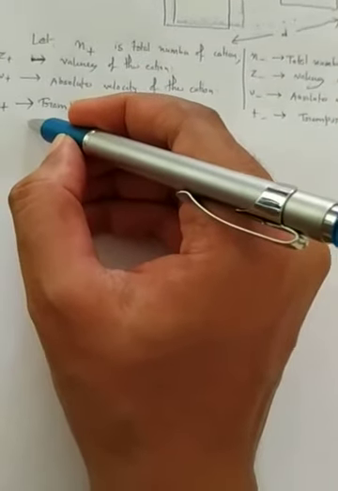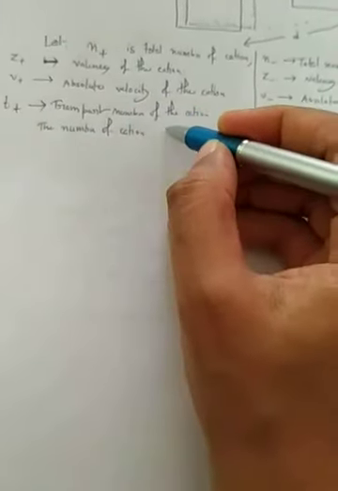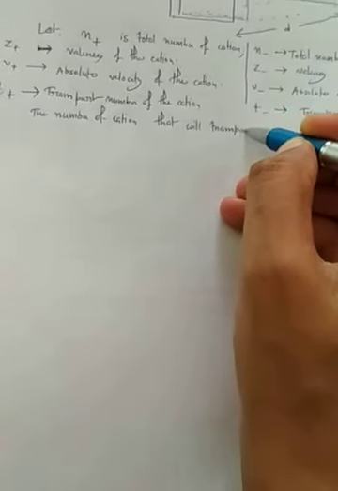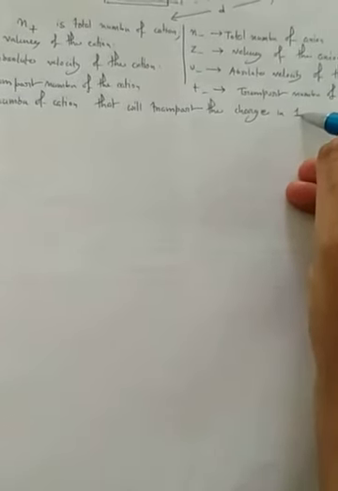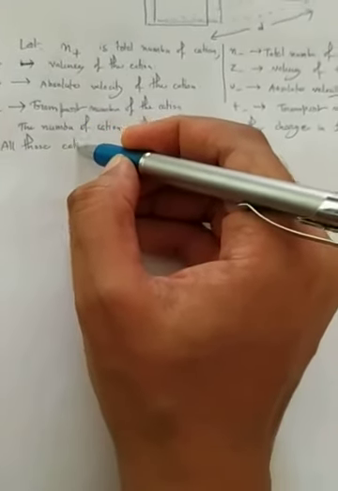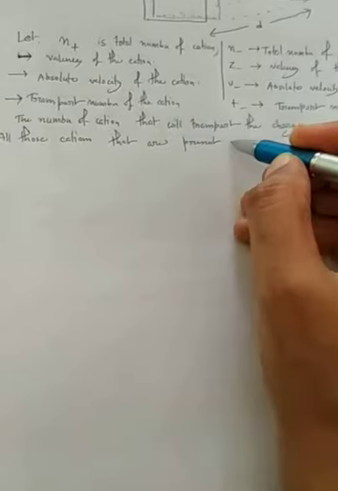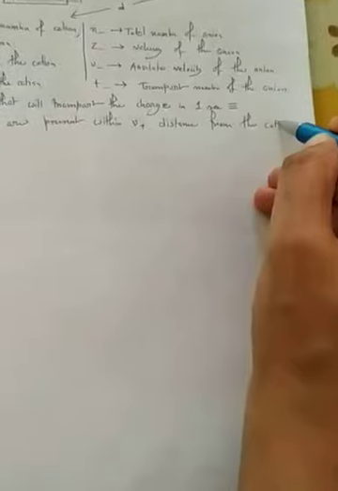So we can write, the number of cations that will transport the charge in 1 second is equivalent to all those cations that are present within V plus distance from the cathode.